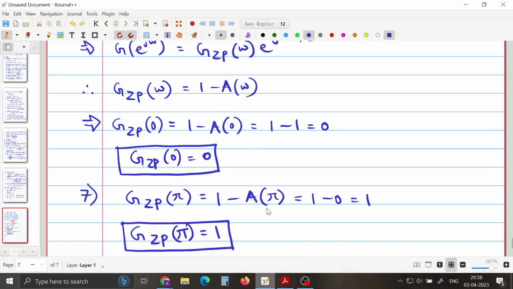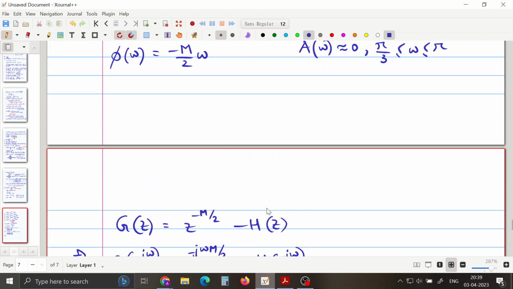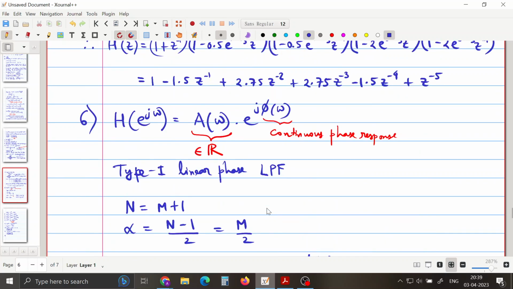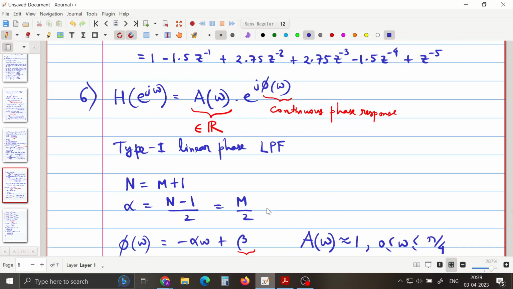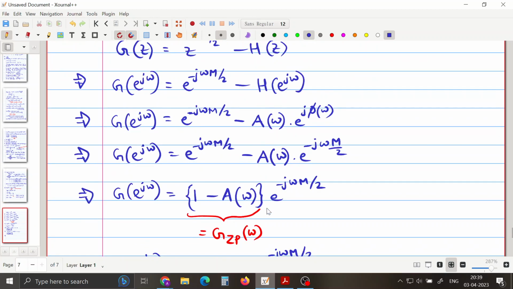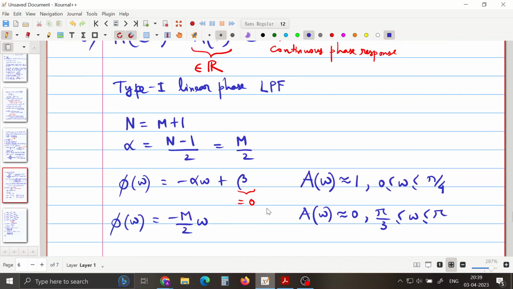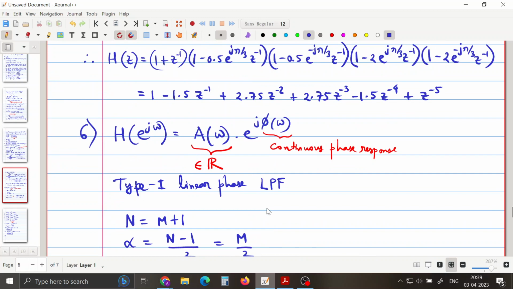So you see this H of z and G of z both actually have the same phase response, because for H of z, H of e power j omega is equal to a of omega, which is a real value, times e power j phi of omega, the continuous phase, and phi of omega was minus omega m by 2.